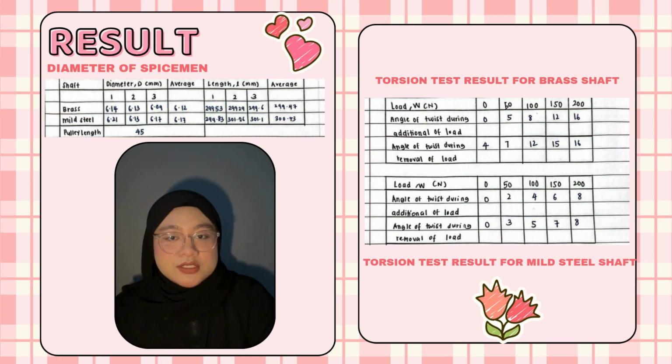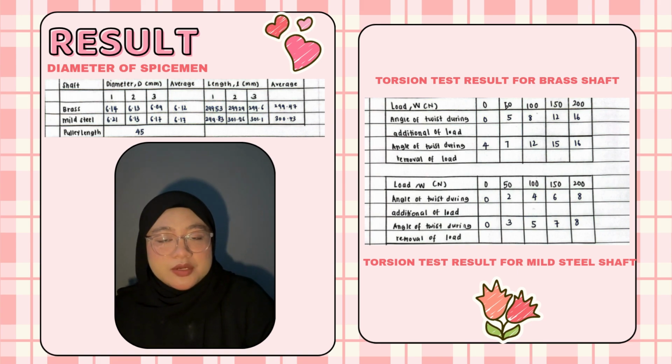The lengths recorded are 299.83 mm, 301.24 mm, and 301.10 mm, resulting in an average length of 300.73 mm. The pulley length used in the experiment is 45 mm. These average values are later used in the torsion calculations.